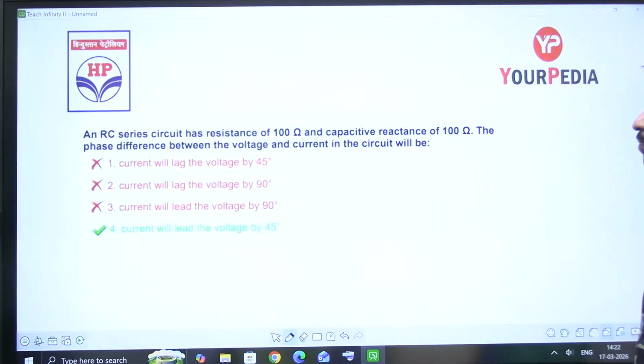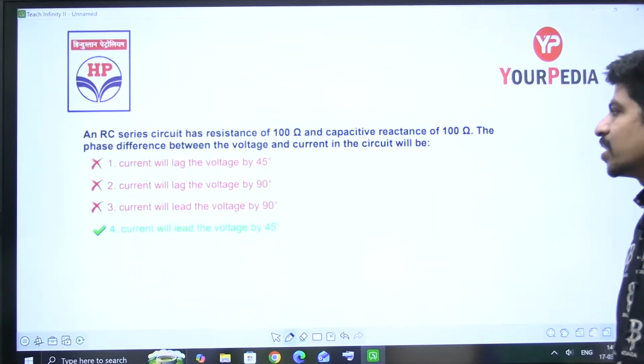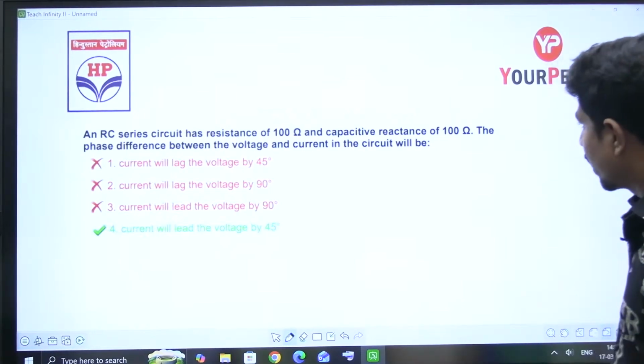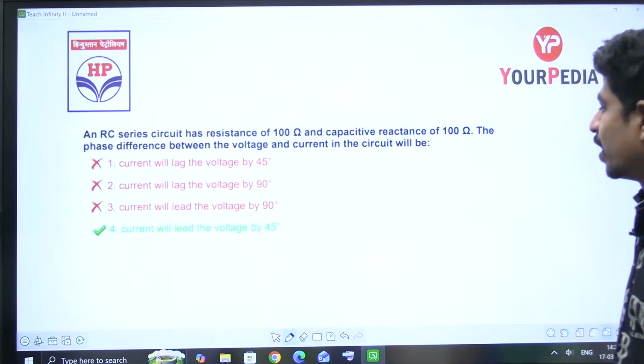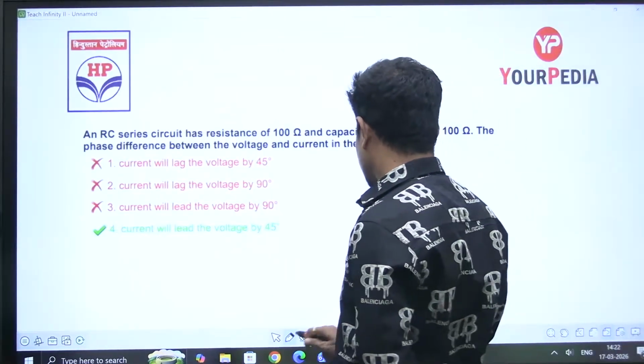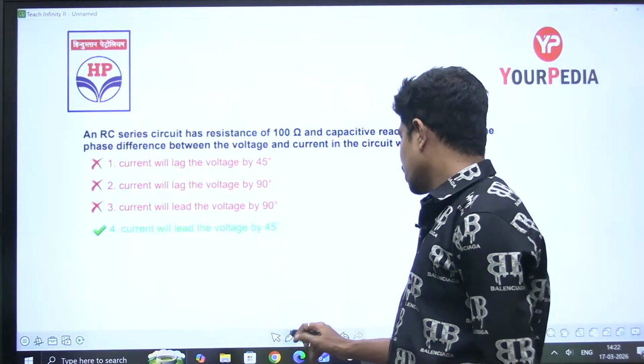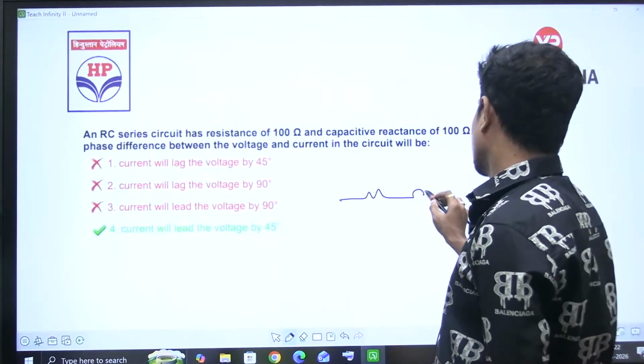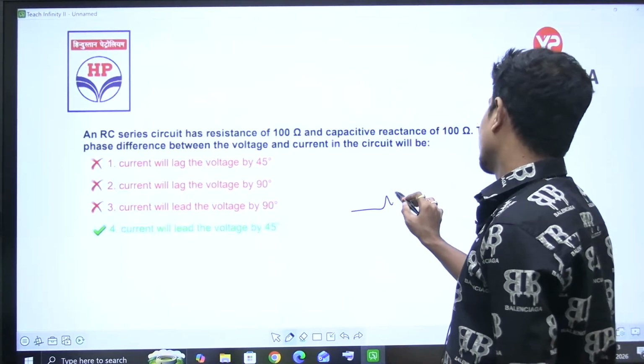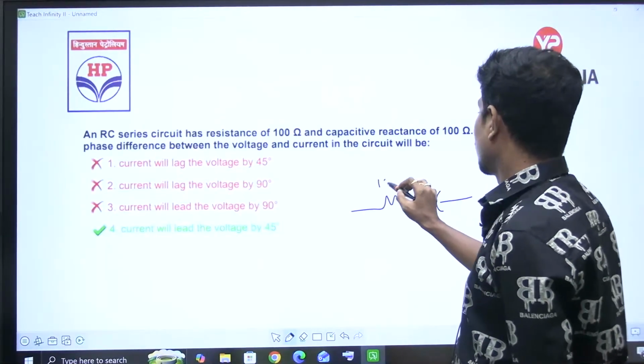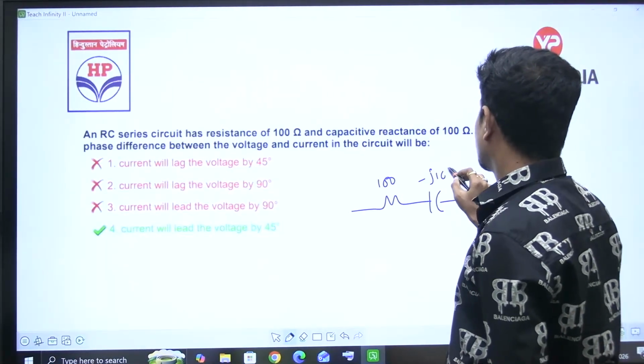Otherwise, it is not. An RC series circuit has a resistance of 100 ohms and a capacitive reactance of 100 ohms. Resistance is 100, and capacitive reactance, not inductive reactance, is also 100. This is 100, this is minus j 100.